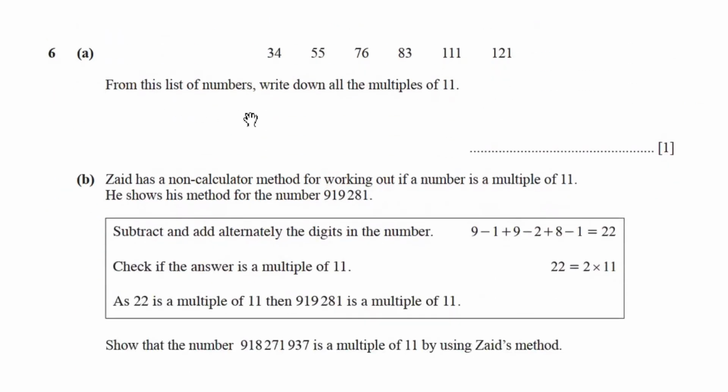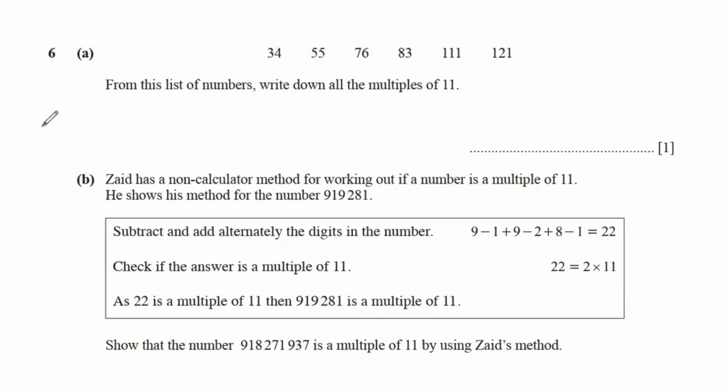Question 6 is, from this list of numbers, write out all the multiples of 11. So there's a difference between the term multiple and factor. Multiples are the answers that we get after we have multiplied factors.